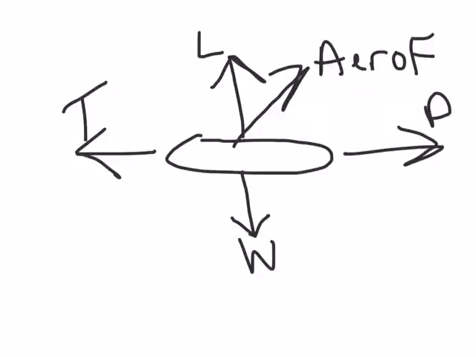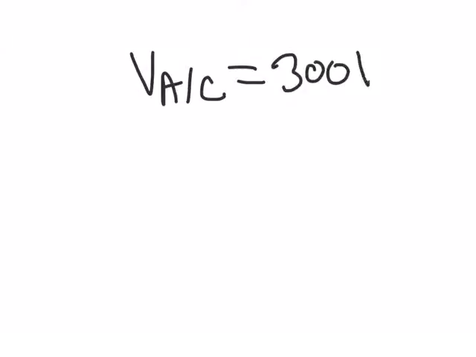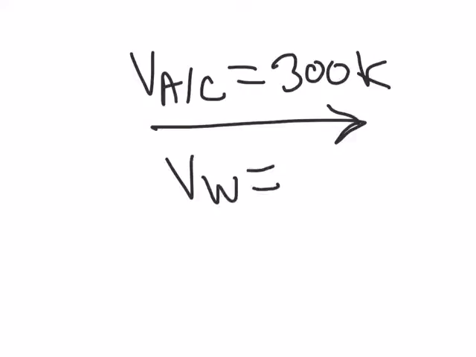Okay, and this is important because when we start looking at vectors and scalars, we're going to have to add these vectors to make sure we understand how vector addition works. So if you look at vector addition, and we say we have an aircraft, V of AC, going at 300 knots, so that's the size, and here's the direction. And then we say the airplane encounters a 30-knot wind, and this is the direction.